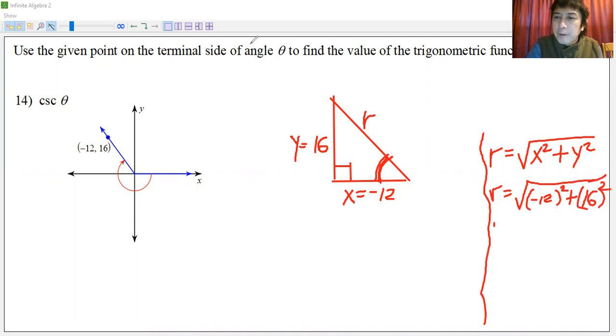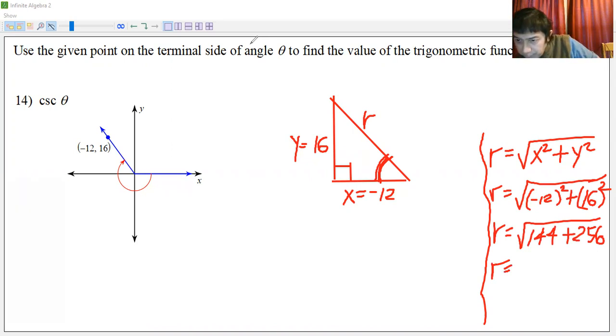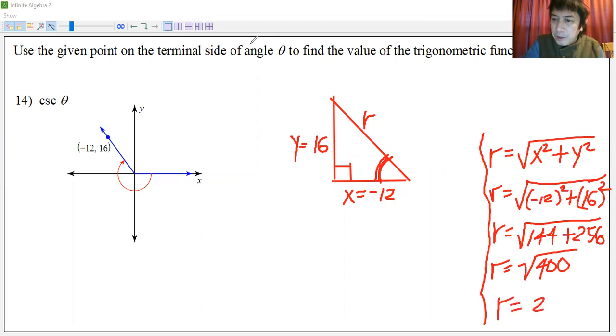So r will be the square root of 144, that's 12 squared, plus 16 squared, which is 256. How much is this? That exactly is 400. This looks like the square root of 400, so r must be 20.